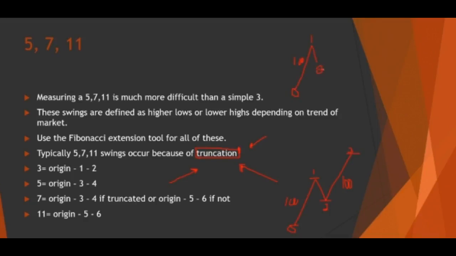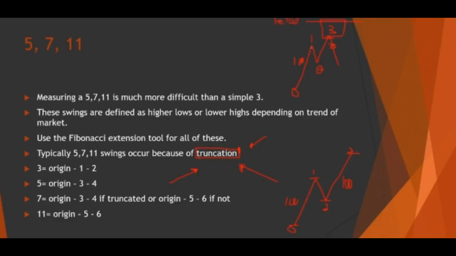We have 1 to 2, and then we have 2 to 3, but this is only, say, 75 pips, and then the market comes down again. That's what's called a truncated market. It never reached its Fibonacci extension level of 100.